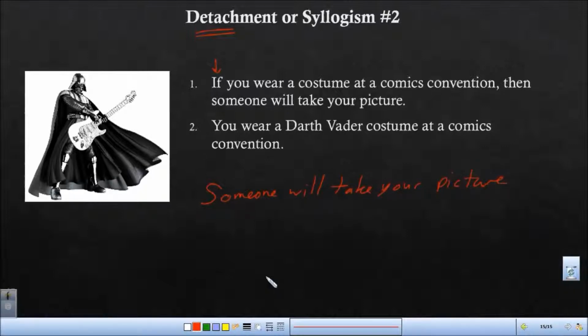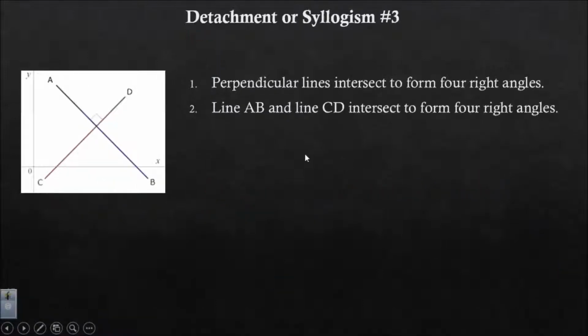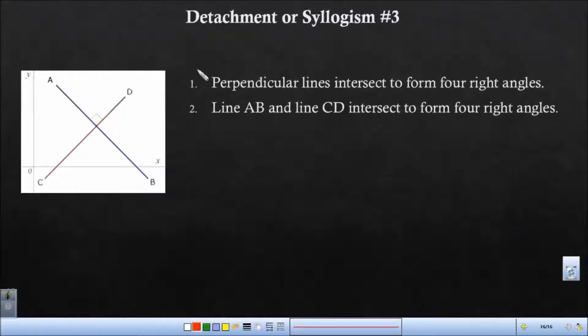Okay. Next statement. Perpendicular lines intersect to form four right angles. This is an all statement. You can't see it, but technically the word all is implied here. And that makes this a syllogism because we have a universal premise, and then a specific minor premise that lines A and B and C and D intersect to form four right angles.